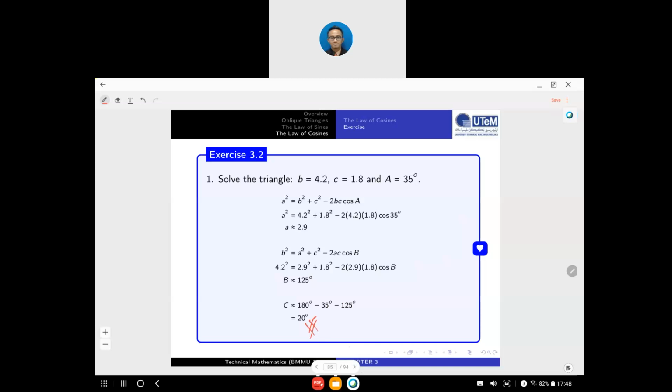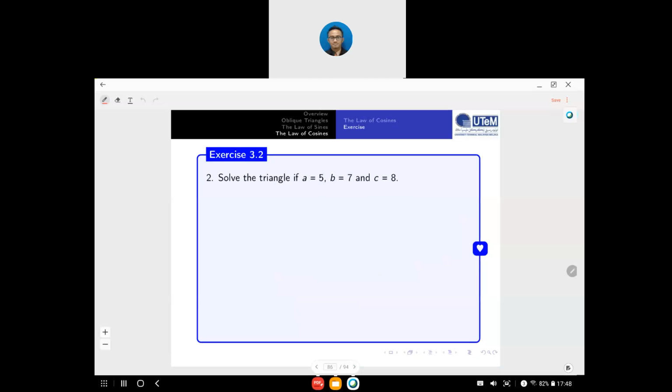Any problems? Okay, when you don't have any problems, let's proceed to solution number 2. Solve the triangle where a equals 5, b equals 7, and c equals 8. This one is only given the lengths, so the only solution to solve this problem is by using the law of cosine.